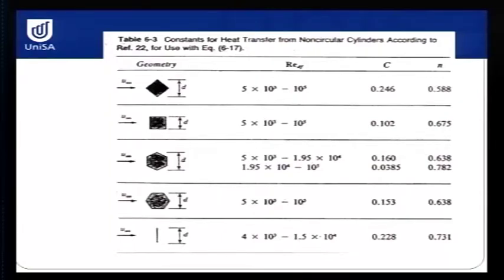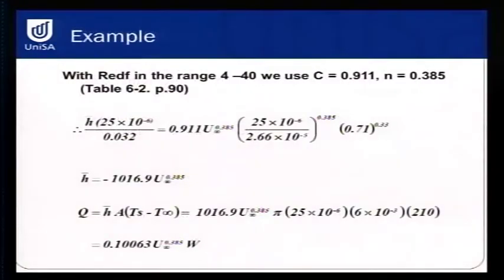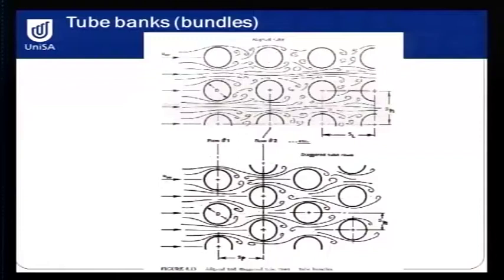So we're looking at flow across these, or more importantly, and I'll show you another diagram in a minute, if we have a case of a tube bank where we have lots of cylindrical shapes with the fluid coming across them, and this is quite a common application in, for example, shell and tube type heat exchangers and other heat exchangers where we have external flow going around a number of banks of tubes with the aim of obviously doing the heat transfer between the fluid in the tube and the fluid outside the tube as quickly as possible, or as cheaply as possible, and using the least possible bulk or volume.